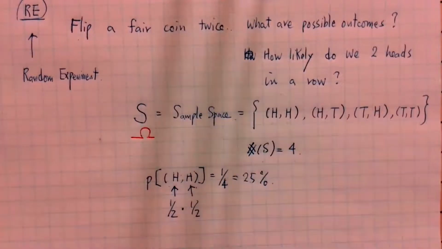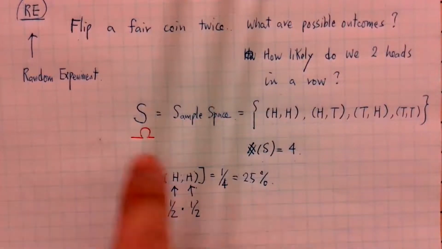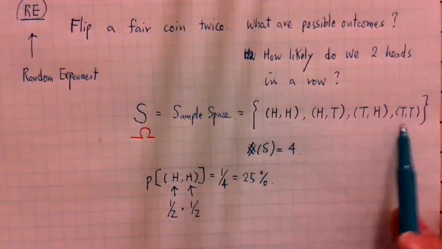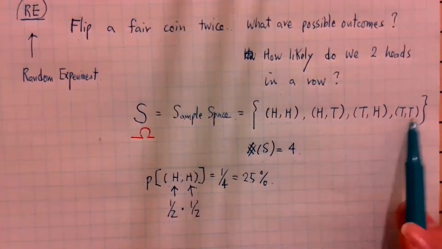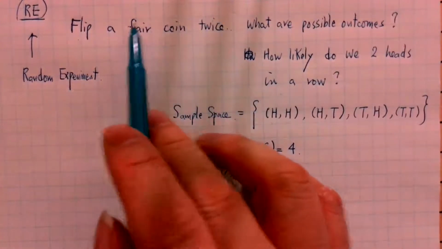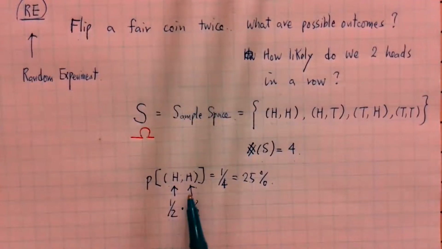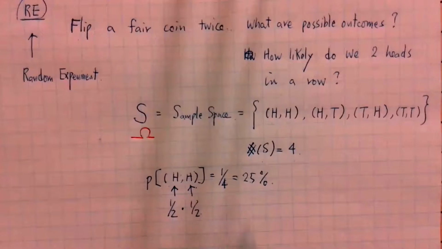Okay, and we can see that in order to make it a model, we need to make a lot of assumptions. For example, here you may want to say this is an equiprobable sample space because the coin is a fair coin. So the chance of getting head-head is 1/2 times 1/2, 25% chance.